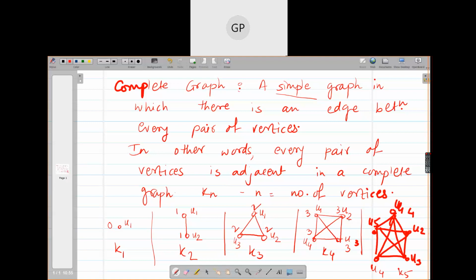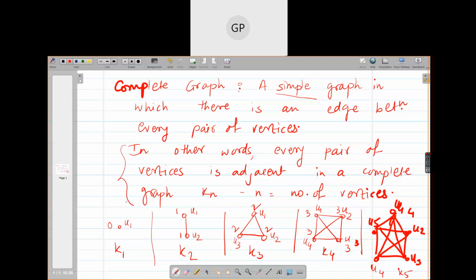Why this is happening? Can you tell me? The reason is, because every vertex is adjacent with every other vertex, right? So every vertex is adjacent to remaining all the vertices.